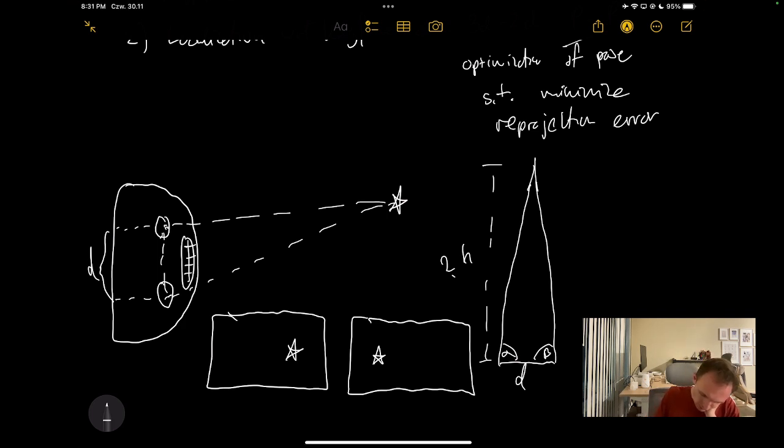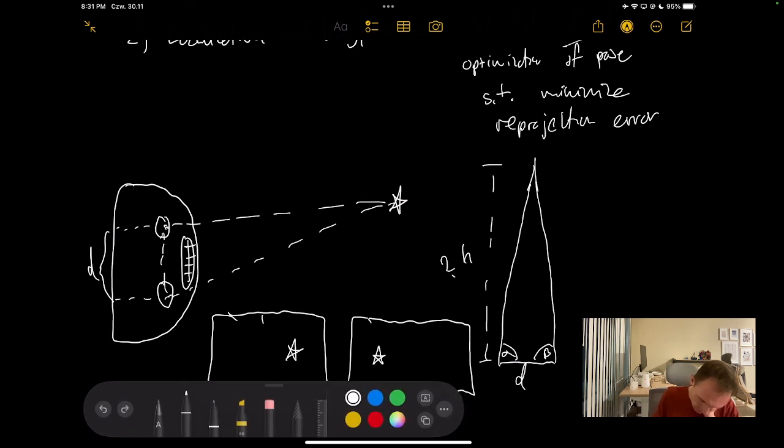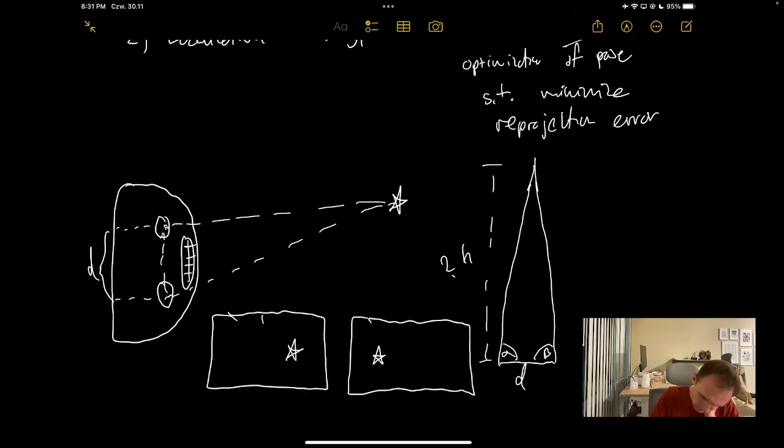So here's the optical center of the image, and here's the optical center of the other image. I can measure this angle, it's over here, right? Here's the alpha and here's the beta.